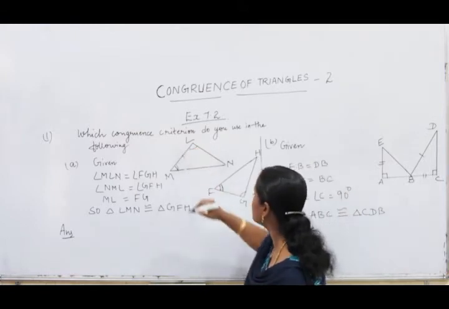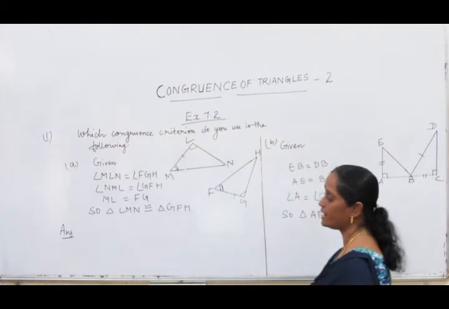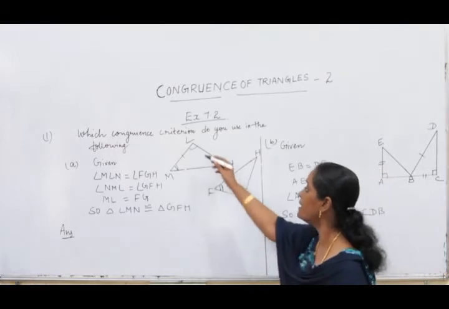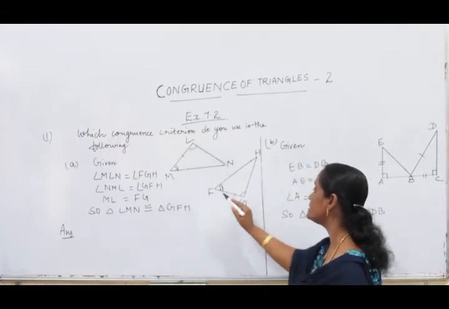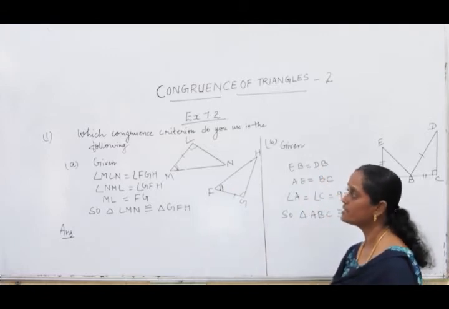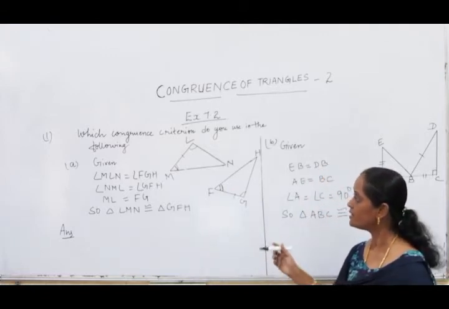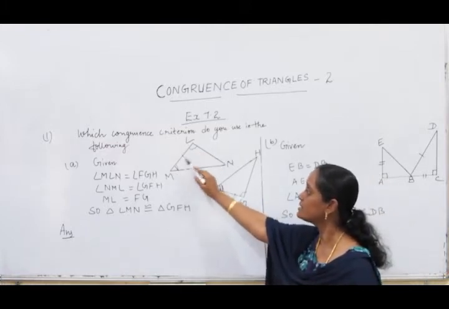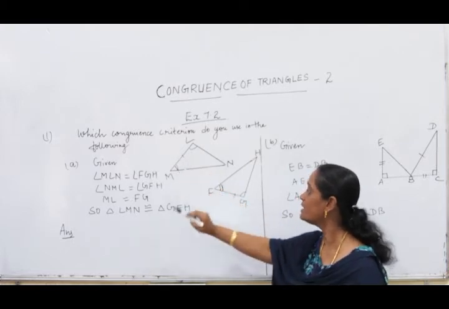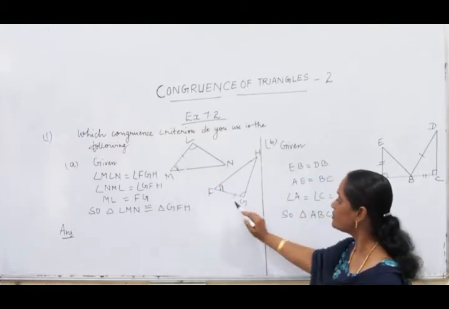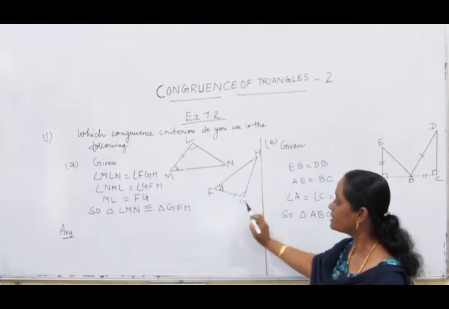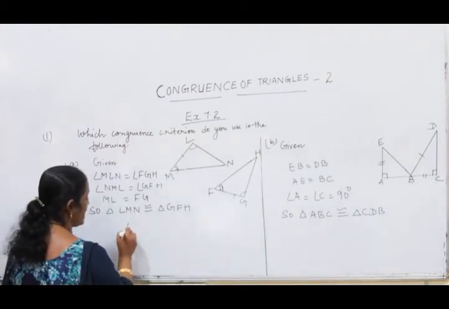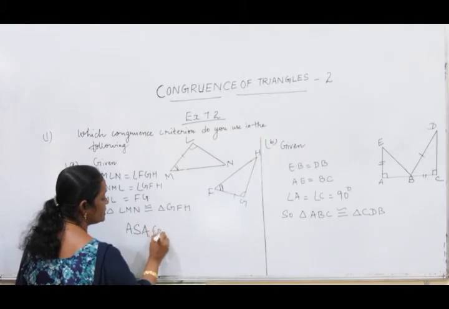This side ML is equal to FG. So triangle LMN is congruent to triangle GFH by which congruence criterion? So here students, you can see that two angles and the included side of triangle LMN, these two angles, angle L and angle M, and the included side are equal to two angles and the included side of triangle GFH. So these two triangles are congruent by the angle side angle congruence criterion.